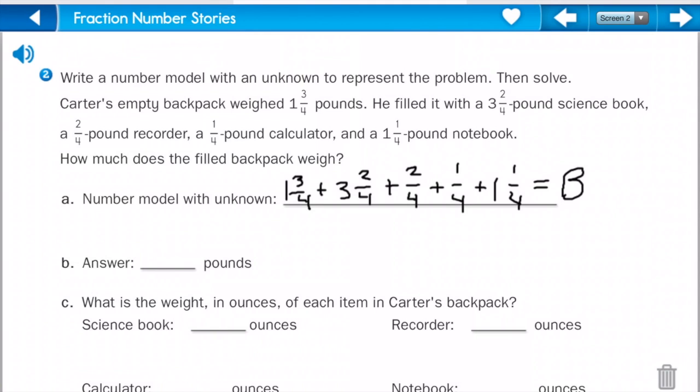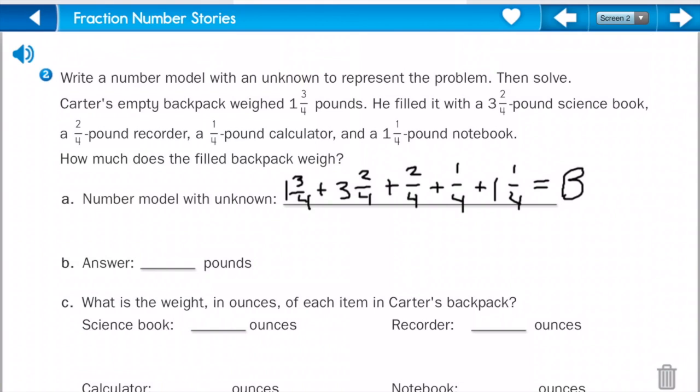Let's add our fractions together first, okay? So 3/4 plus 2/4 is 5/4, plus 2 more is 7/4, and then 8/4, 9/4.